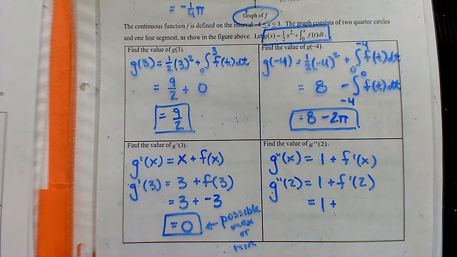All right. Somehow we got to figure out the slope of the f graph at 2. Plot the point, draw a tangent line. What might you get as the slope?